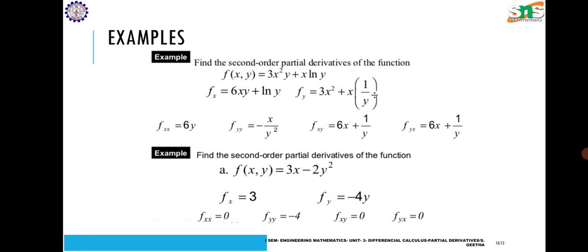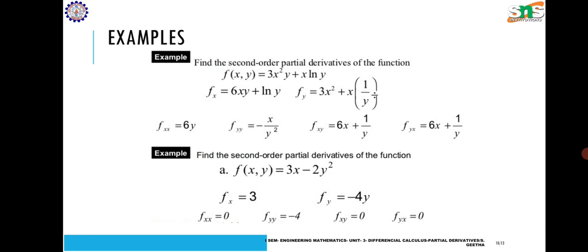Next we are going to find fy with respect to x. So in fy we are having only one y. Fy with respect to x, here we have 3x square plus x by y. Differentiating 3x square we get 6x. Then the differentiation of x into 1 by y, we get 1 by y only.